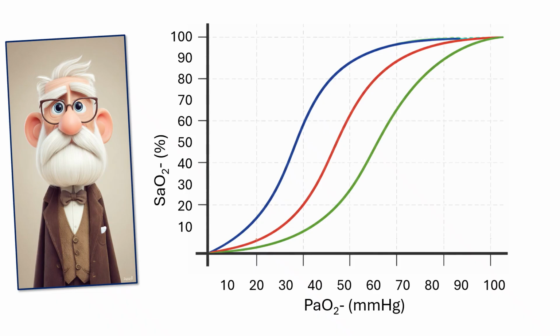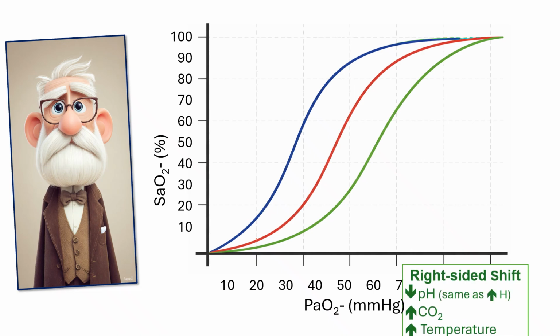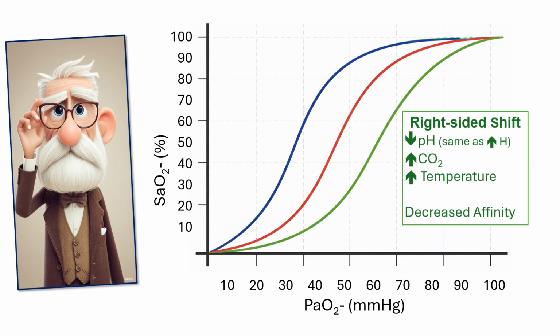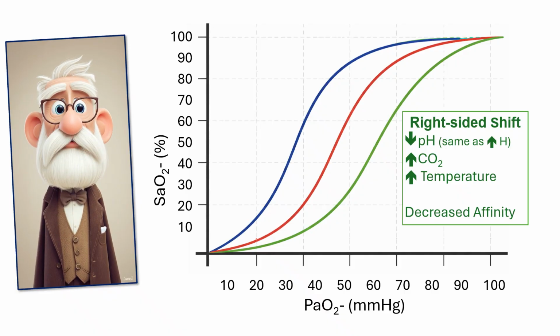So that leaves us with this oxyhemoglobin dissociation curve that has some pathology, and this kind of describes some physiology. So here we're going to talk about a rightward shift of the oxyhemoglobin dissociation curve. Let's pay attention to the arrows going up.